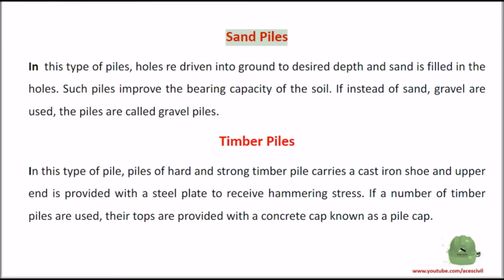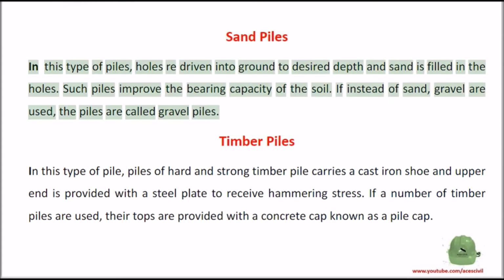Sand piles. In this type of piles, holes are driven into ground to desired depth and sand is filled in the holes. Such piles improve the bearing capacity of the soil. If instead of sand, gravel is used, the piles are called gravel piles.